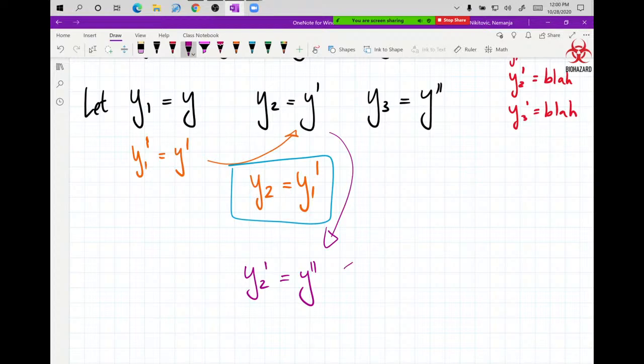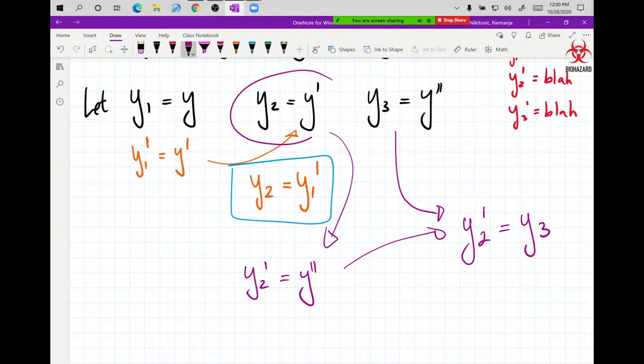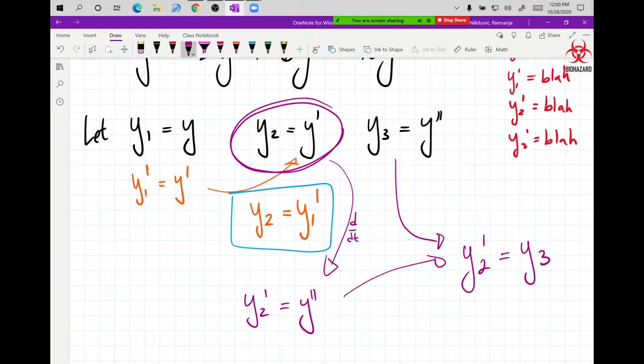So now this one and this one together are going to give me that y2 prime is equal to y3. I hope you can see that. So we take this equation, we differentiate that, come up with y2 prime is y double prime, and now you already have this left side of blah, there it is, but it's equal to y double prime.